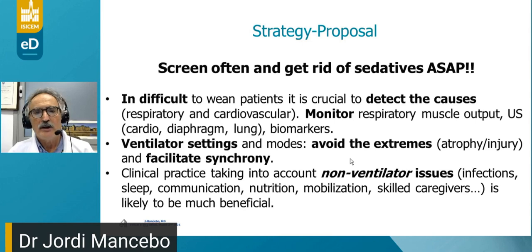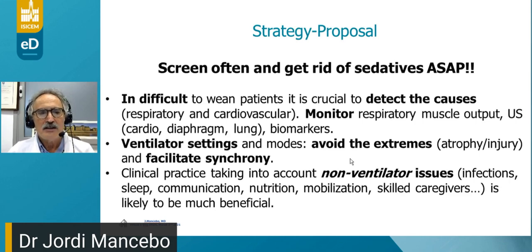In difficult-to-wean patients, it's very important to detect the causes, especially diaphragm dysfunction and cardiovascular issues, and monitoring respiratory muscle output using techniques such as echocardiography, lung and diaphragm ultrasounds, biomarkers, etc., is of much help.